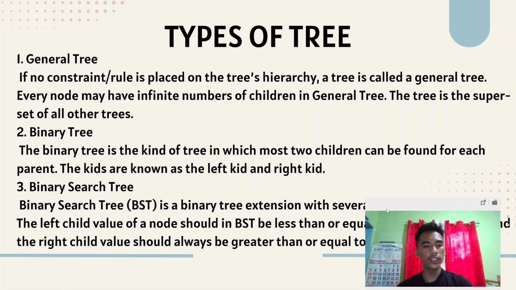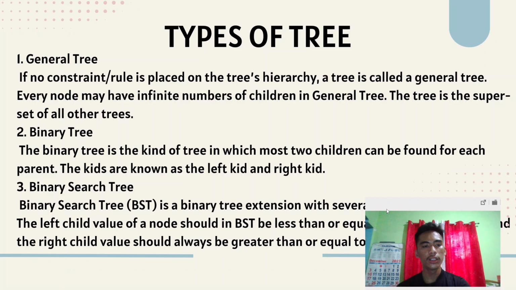So a binary tree is a specific type of tree in which each parent node can have at most two children. These children are typically referred to as the left child and the right child. Binary trees are widely used in various applications, and their structure facilitates efficient searching and sorting operations.